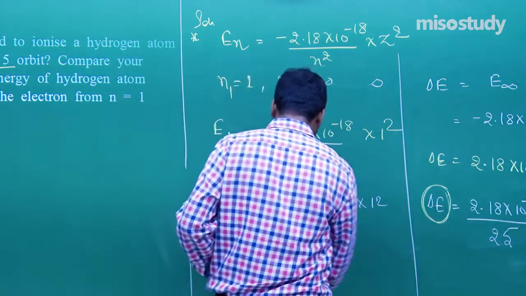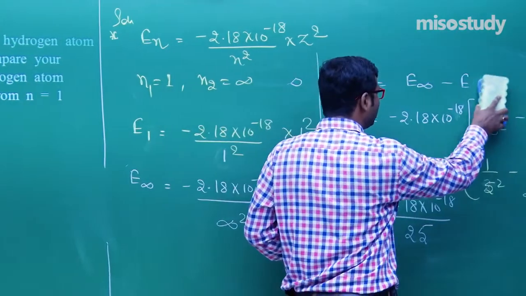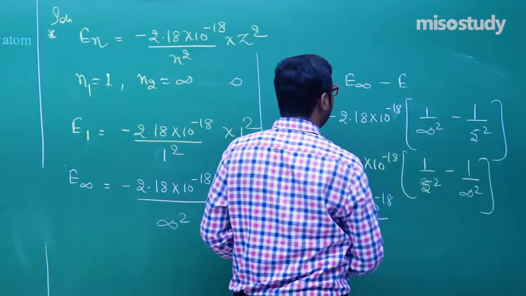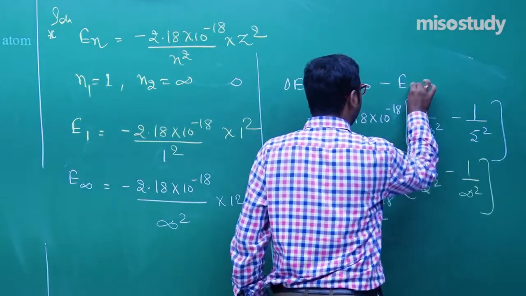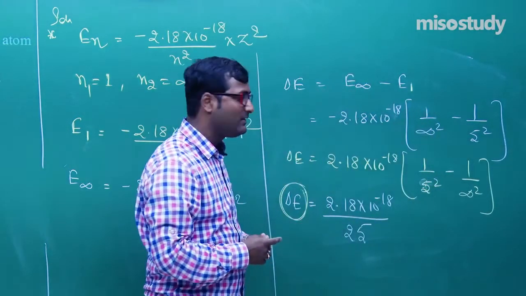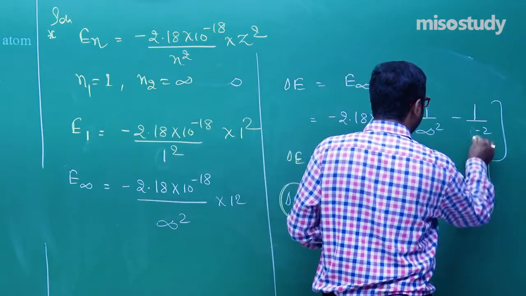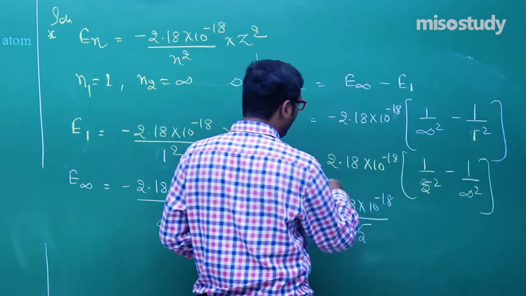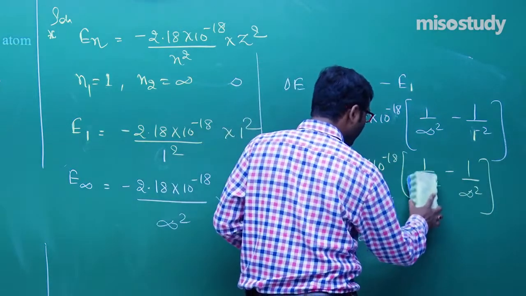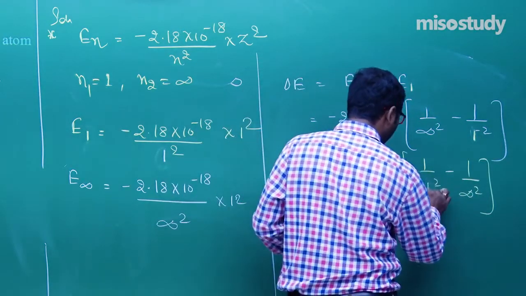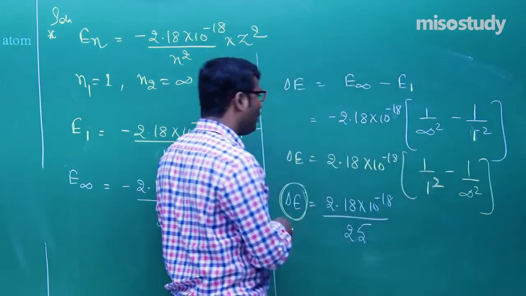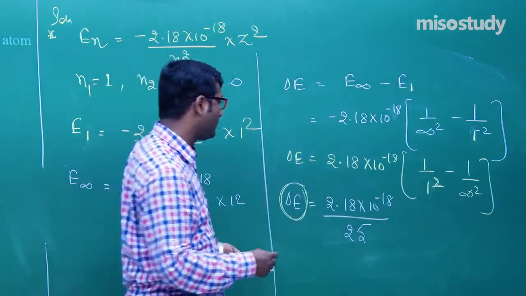Now moving here, delta E is equal to E infinity minus E1. Clear? E infinity minus E1. Putting here infinity square, 1 square. Now 2.18 into 1 upon 1 square minus 1 upon infinity square. We know 1 upon infinity square is equal to 0.